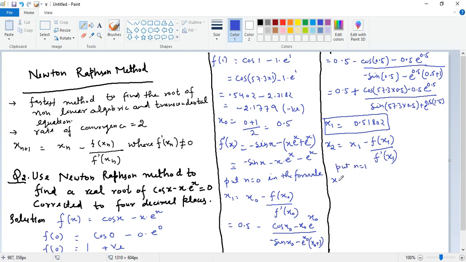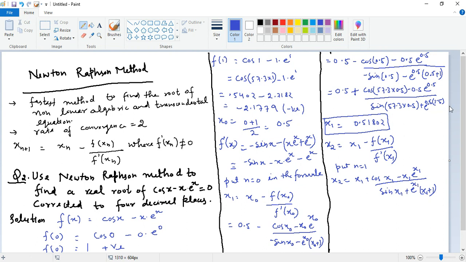So x2 is equal to x1 plus cos x1 minus x1 e to the power x1 upon sine x1 plus e to the power x1 plus 1.